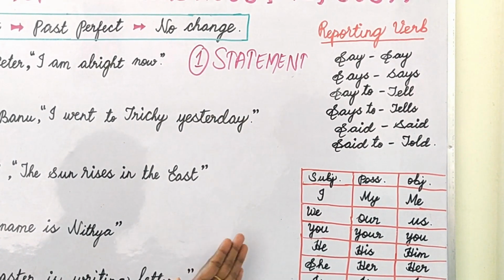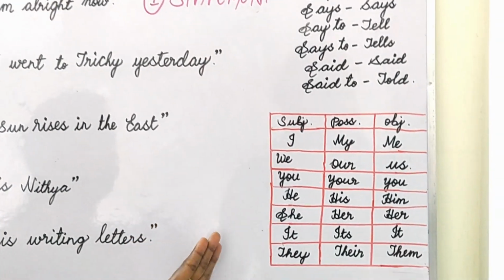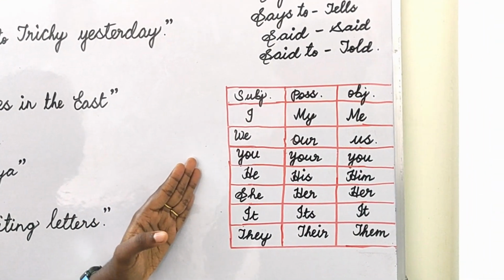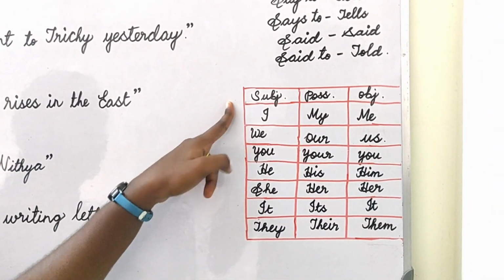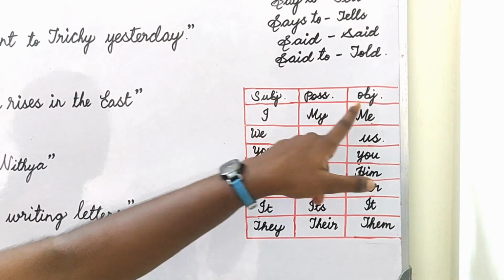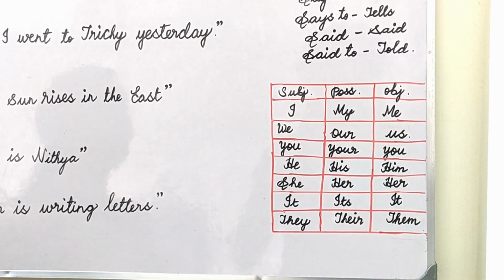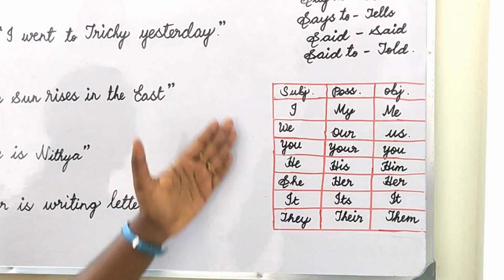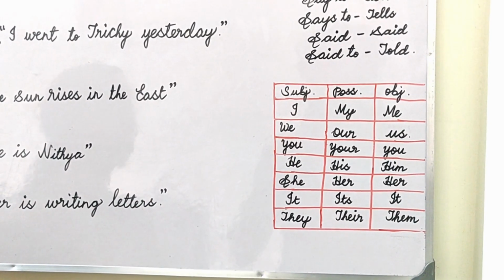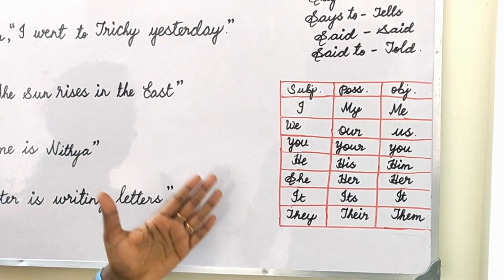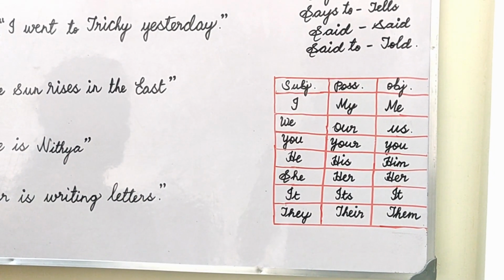Thirdly, the other change we have noticed earlier is the pronoun change, isn't it? Subjective pronoun, possessive pronoun and objective pronoun. If you don't have any clear idea about pronouns, I have already made a video especially for pronouns. You can go back and watch that video for reference.